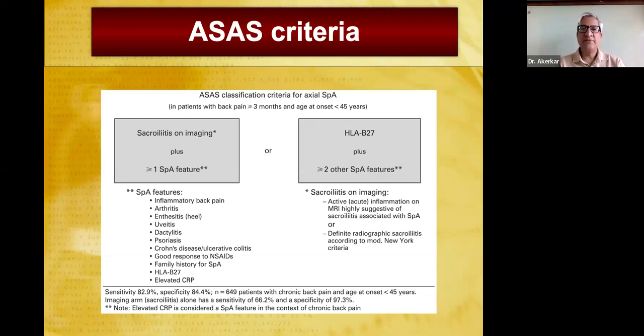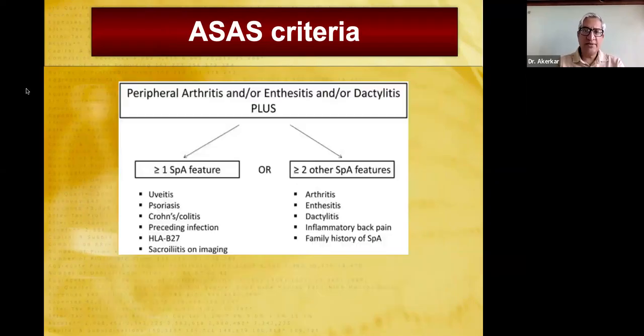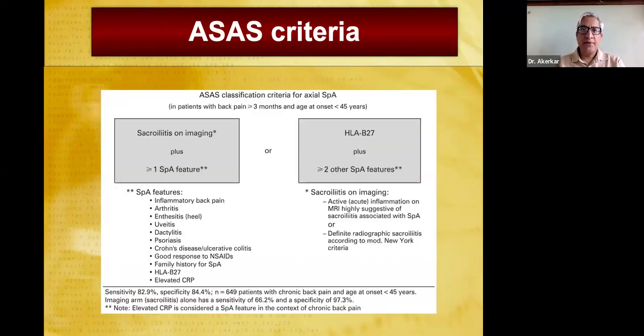Now that we have the history, we have the examination, we have a few investigations, how do we diagnose? These are the ASAS criteria for diagnosis of seronegative spondyloarthritis. The ASAS criteria are available for axial spondyloarthritis as well as peripheral spondyloarthritis. So this is for axial SpA. How do you diagnose in patients with backache more than 3 months?